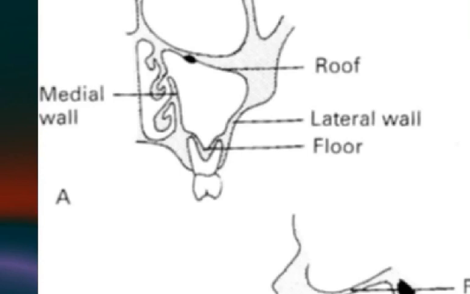The meatus leads to a cavity here called the maxillary cavity, maxillary sinus. So the maxillary sinus is a cavity that is connected to the middle meatus underneath the middle concha, which is located at the lateral side of the nasal cavity.